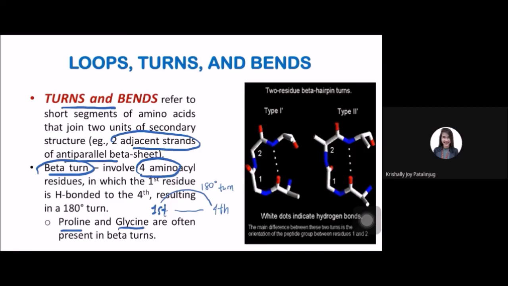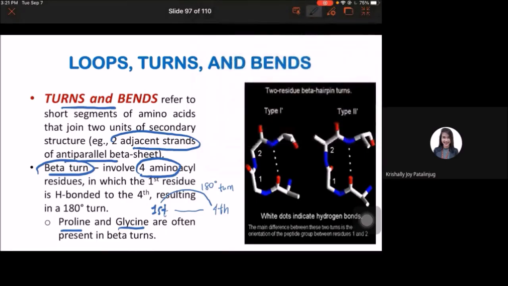Okay. Bakit sa beta turns present yung proline tsaka si glycine? With regards to proline, di ba si proline yung characteristic niya, hindi siya nagpa-facilitate masyado ng hydrogen bond. So, ibig sabihin, pwede siya for beta turns kasi nililimit niya lang yung hydrogen bonding. And that is very important for beta turn, kasi nga, the hydrogen bonding is nabubuo from first residue to the fourth residue.